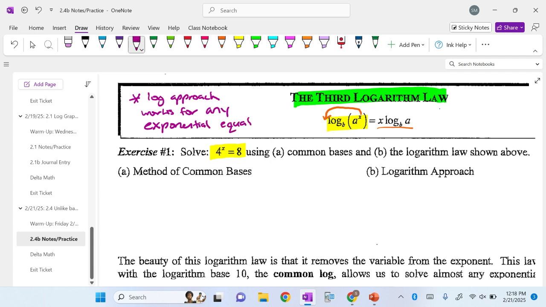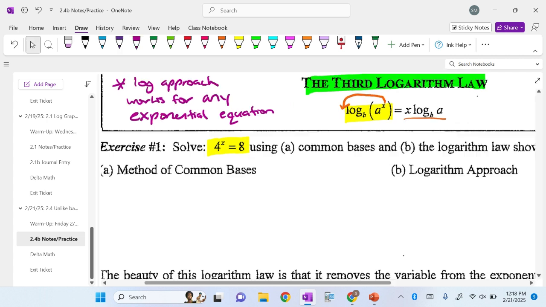So if you don't remember how to do same base, but you know how to do the log approach, that will work for any exponential equation, whether it's same base or not. However, same base only works for numbers that you know have a common base. The log approach can work for any exponential equation.